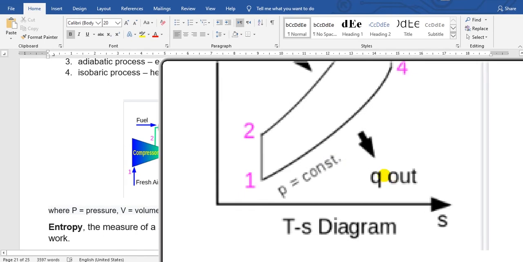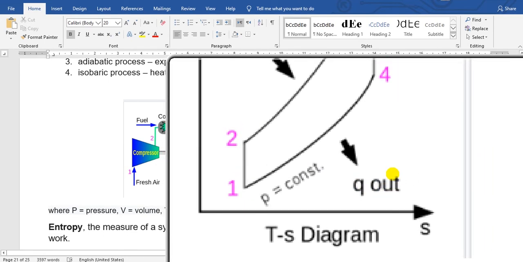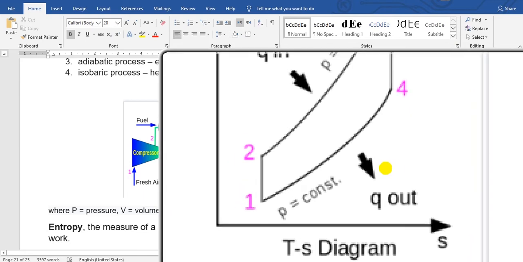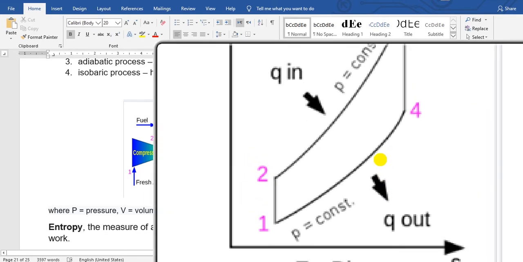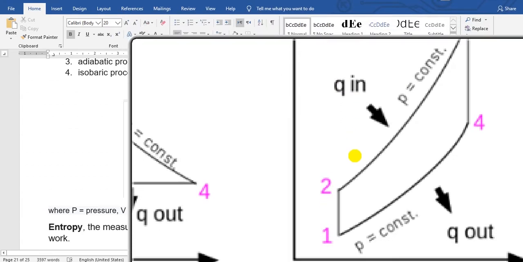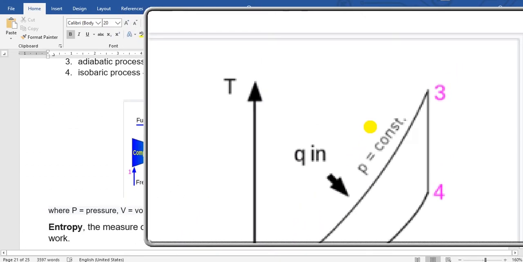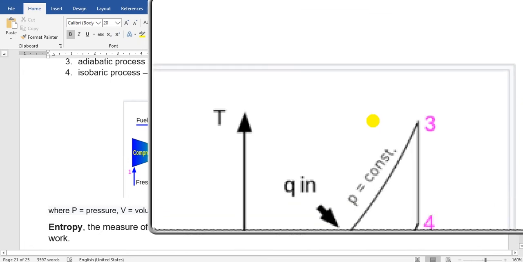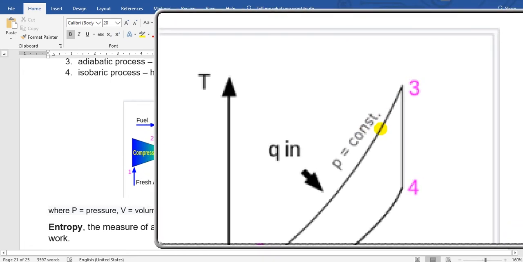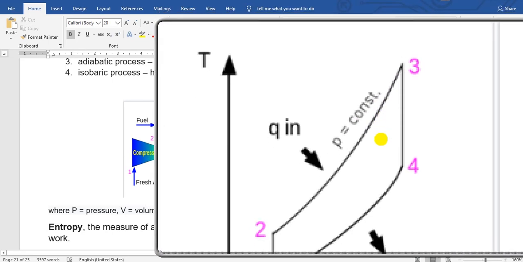Here, Ts: T temperature, S entropy. From point 1 to point 2, the temperature increases. From point 2 to point 3, Qn means heat added during combustion, and the pressure is constant.